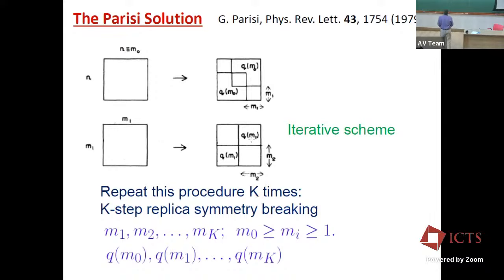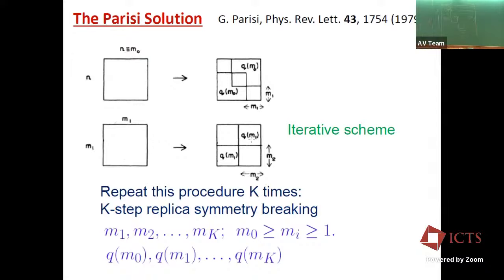In this picture, you'd like to call this outside thing Q of M0, and then this will be Q of M1. All of these are Q of M0.